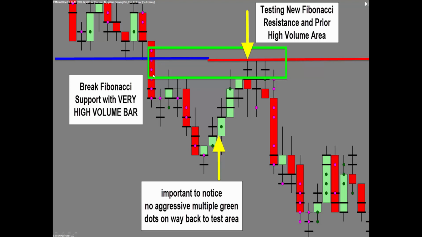This is going to create not only a high volume area, but also an entry area for us at our Fibonacci resistance when we're looking for short trades. Right? So when we're looking at prior HVAs, high volume areas, this is what we're talking about on our trigger line read.